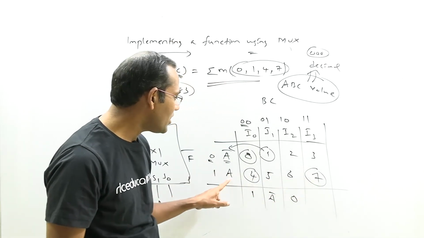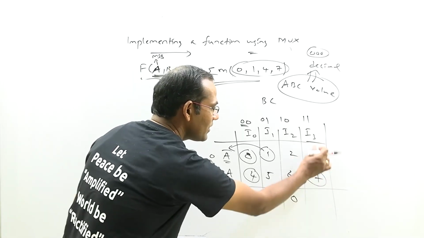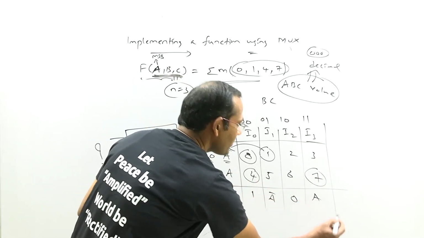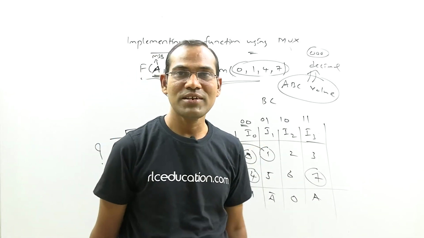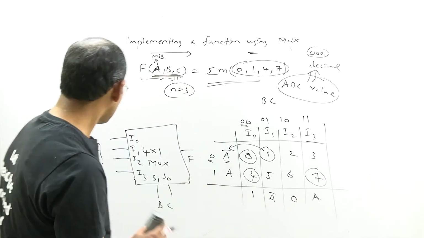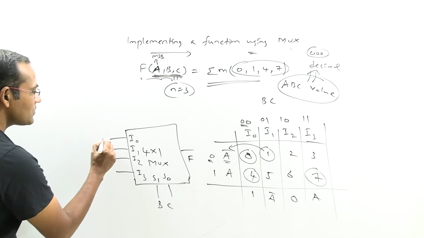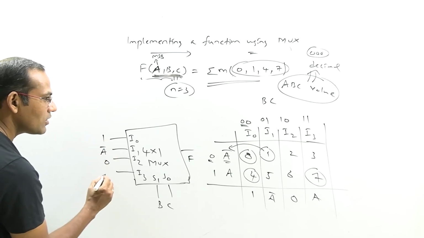The corresponding row variable is A. So 7 is circled, that's why the row variable is A. So like this we have to identify the input expressions. So the connections are like this: I0 is 1, I1 is A bar, I2 is 0, I3 is 0.